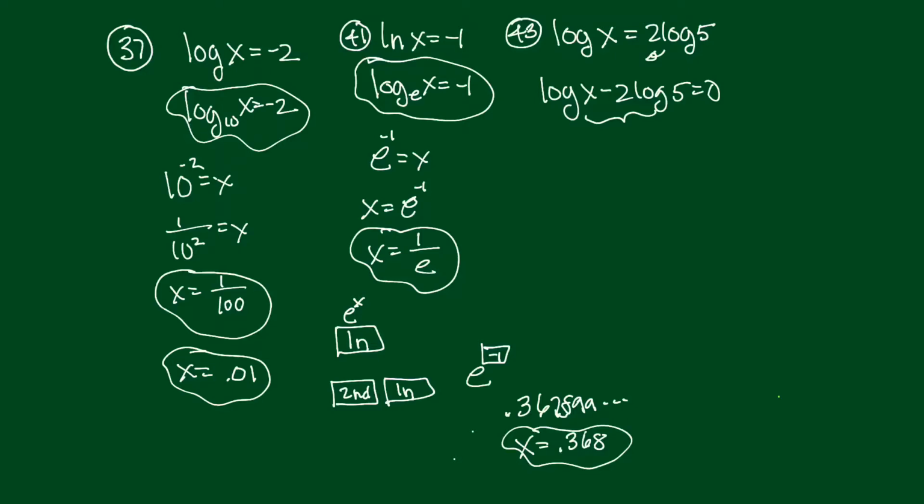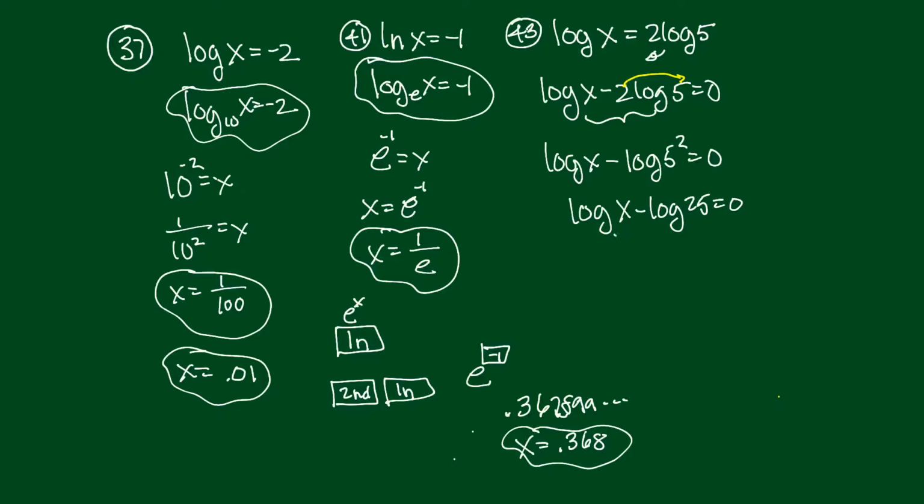So the first thing I'm going to do is take this 2 here and bring it up as an exponent. So I'm going to rewrite this now as the log of x minus log of 5 squared, which I just happen to know how to do, right? So let's do it. So it's going to be the log of x minus the log of 25 equals 0.